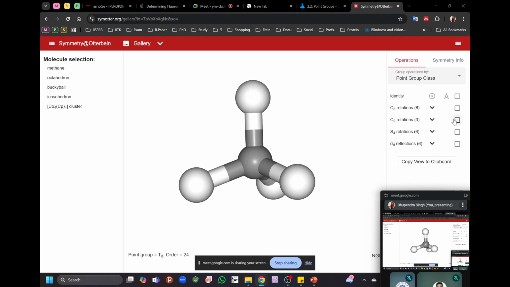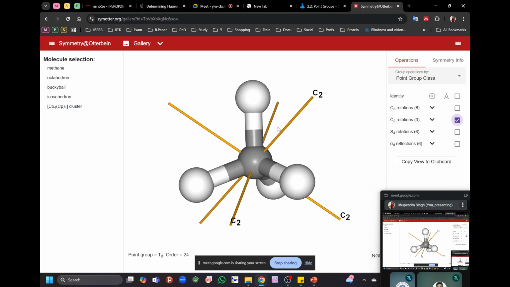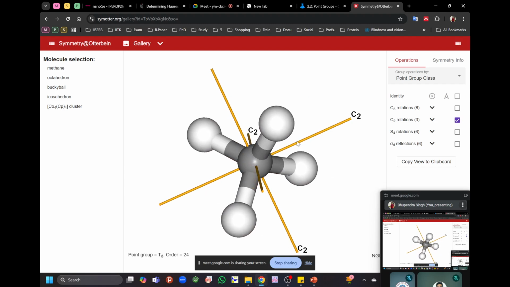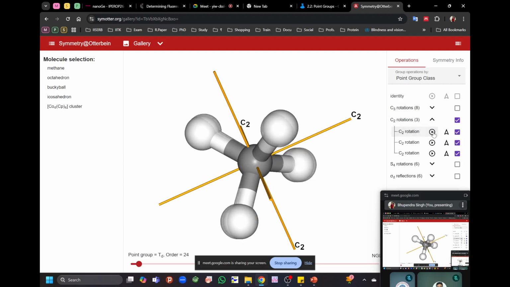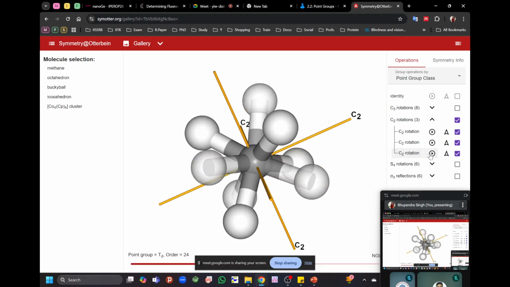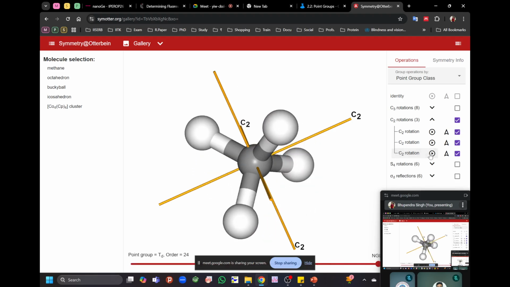So the C2 axis, you can imagine like this, and like this. This is your tetrahedral. So is it fine?